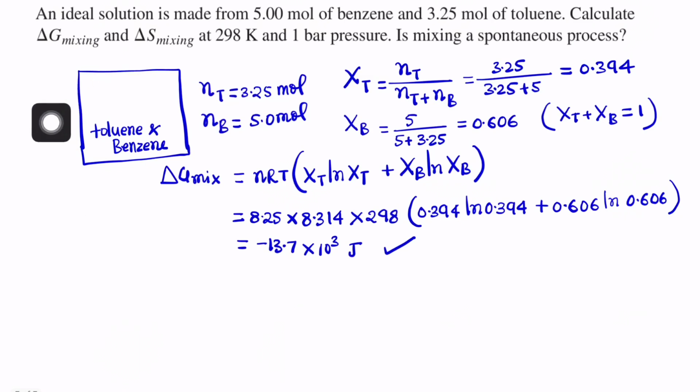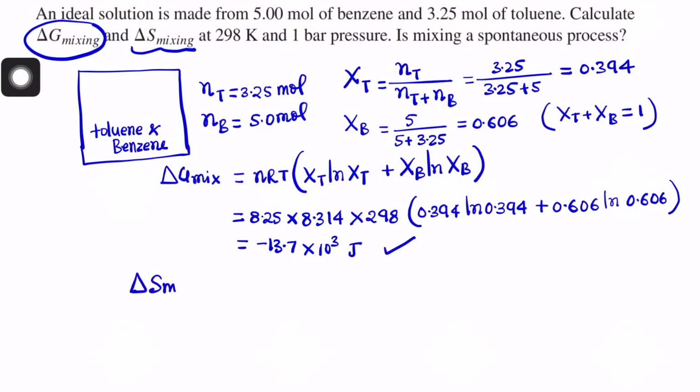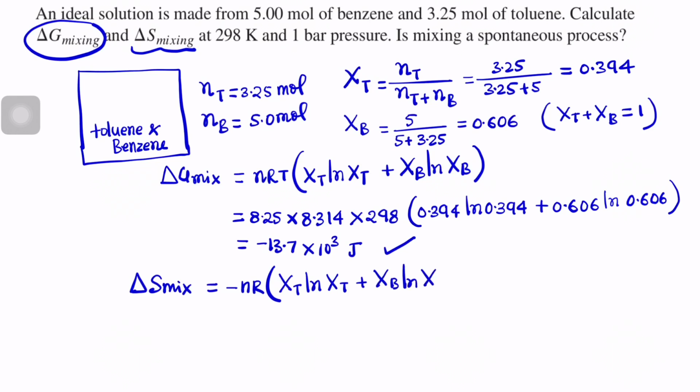Now next we have to find delta S mixing. Delta S mix is given by this expression: minus nR (xa ln xa plus xb ln xb) when the components are a and b, but here it is toluene and benzene, so it will be xt ln xt plus xb ln xb. Now we have to put in the values.